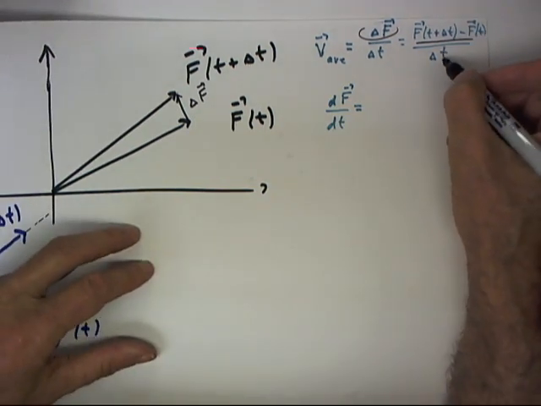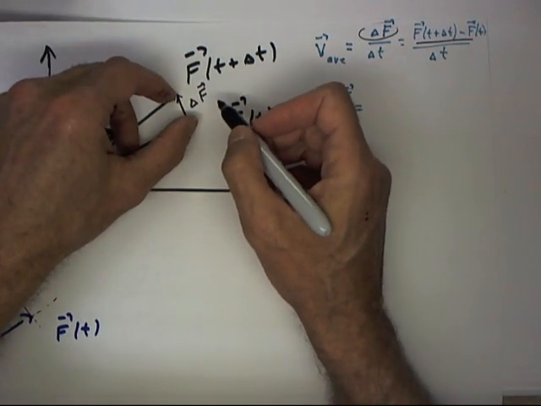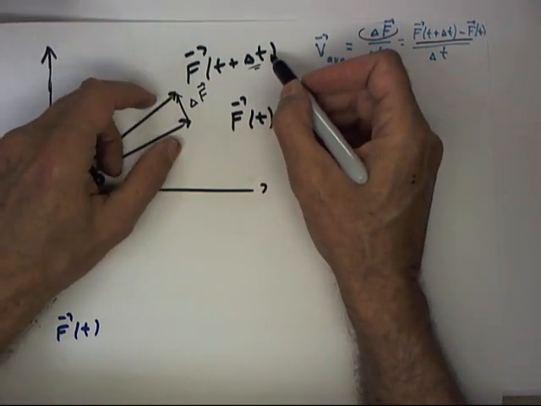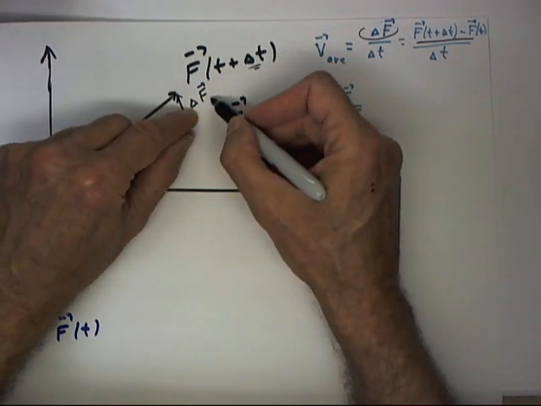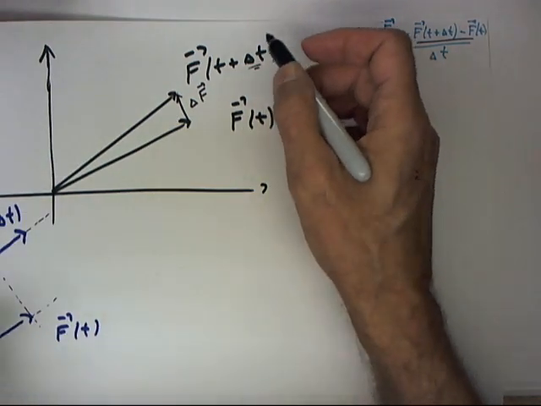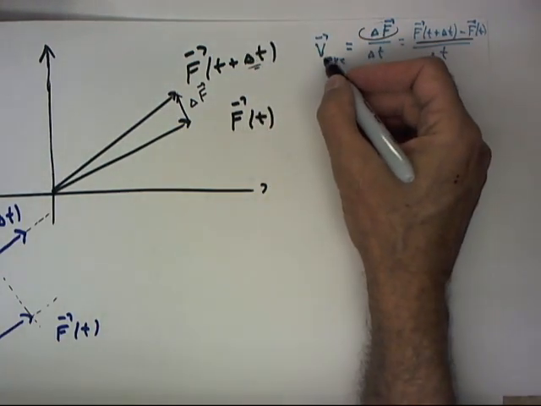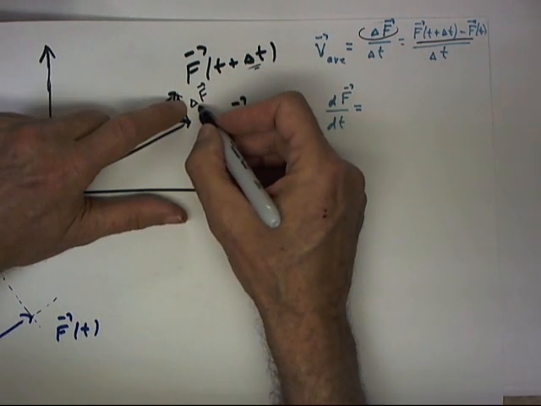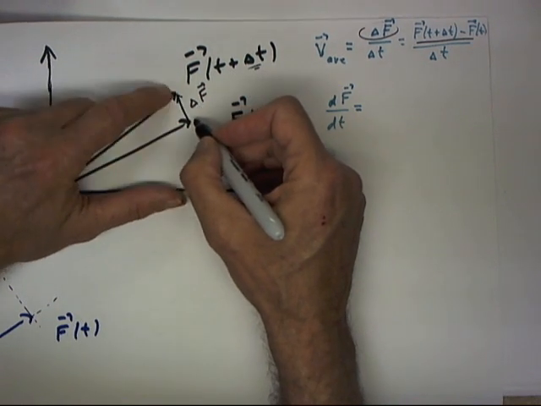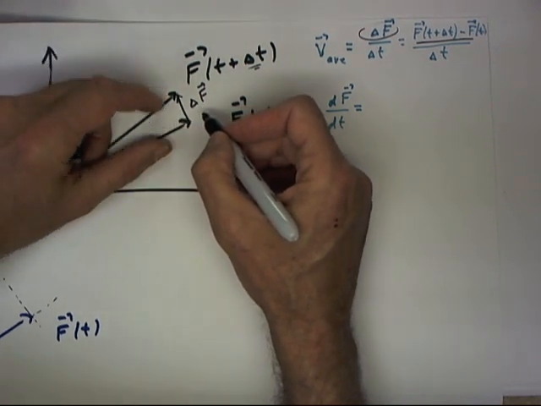Delta t being the time interval, we don't know how quickly this occurs. We don't know what the delta t is, but whatever it is, we're going to divide that delta f by that delta t, and we're going to get a vector that we call the average velocity vector. Delta f will be some displacement in some direction. It's going to have a magnitude and a direction.